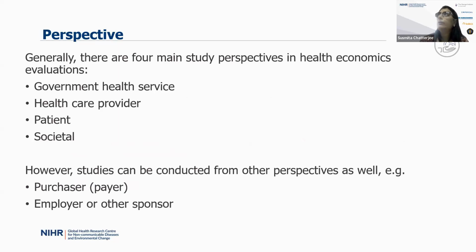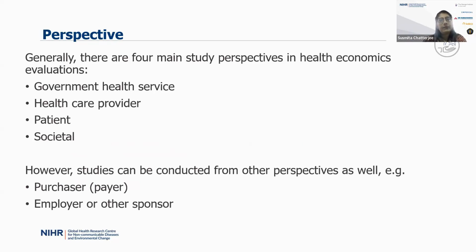When we do the economic evaluation, generally, in our context, we focus on 4 perspectives, okay? One is the government healthcare provider, or government as a provider. Government is always a provider, right? Because government is providing the health services.